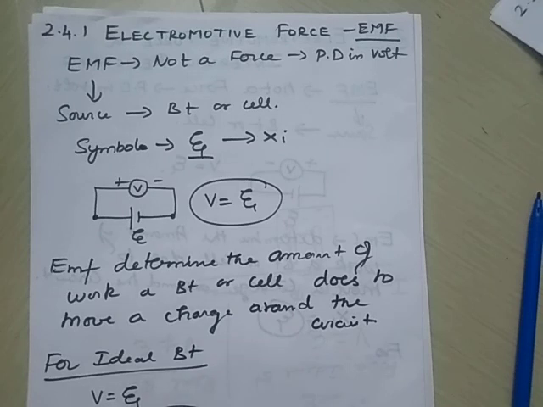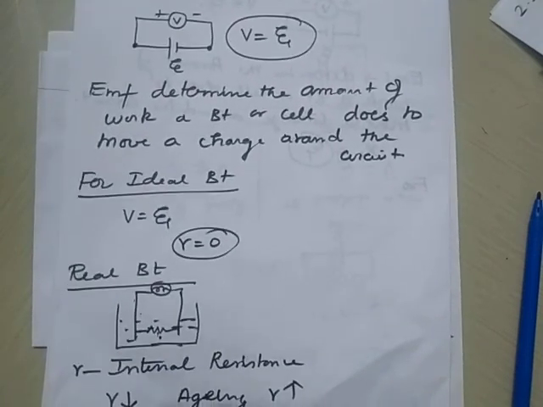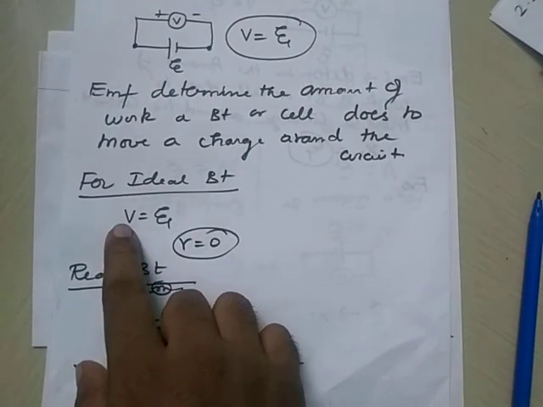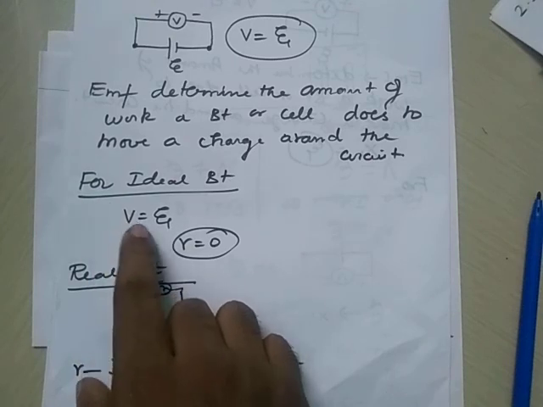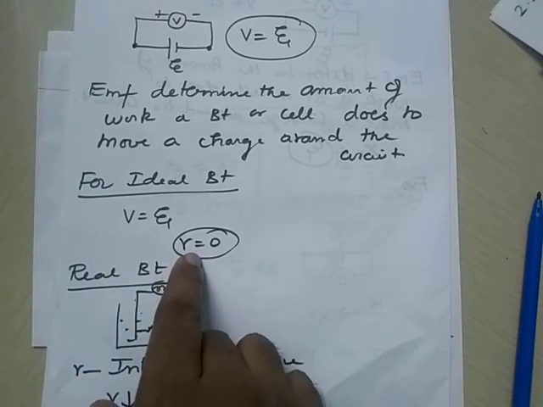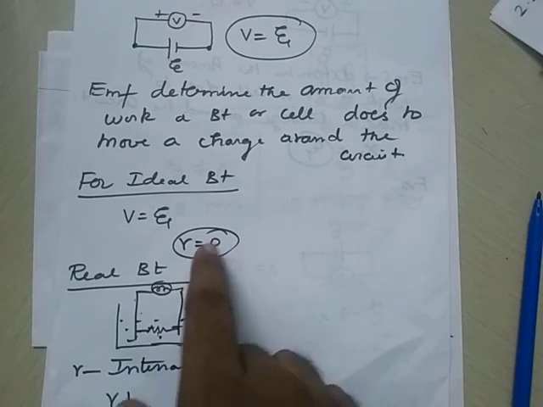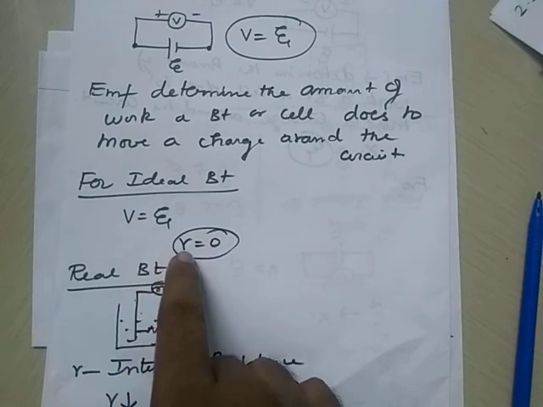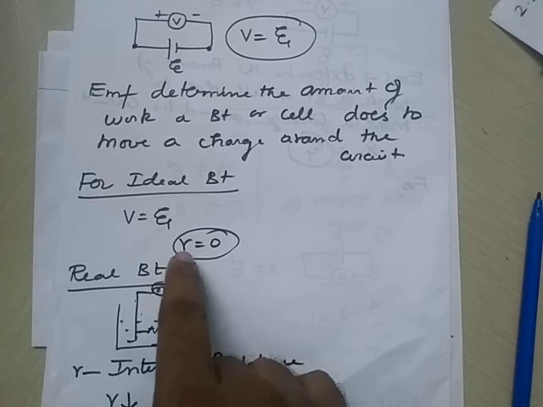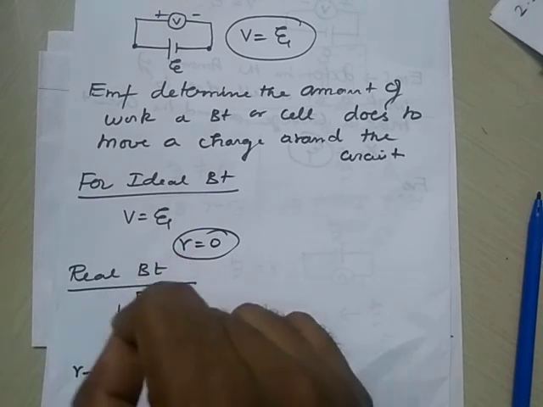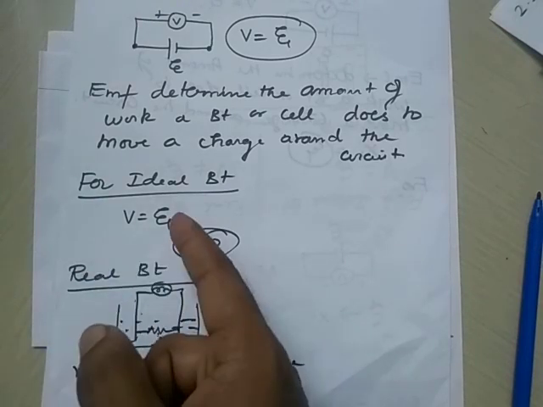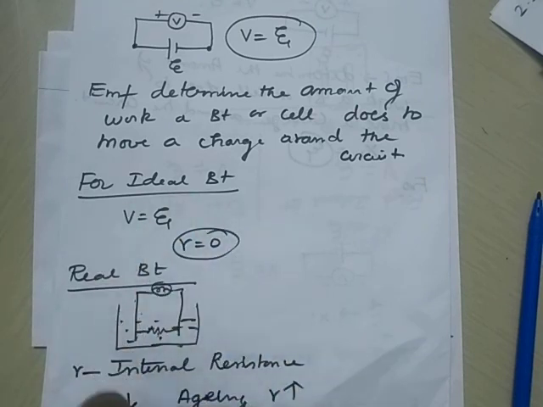For an ideal battery, the potential drop across the cell or battery is equal to the EMF of the cell because there is no internal resistance. So we need knowledge about internal resistance. Internal resistance is the resistance offered by the electrode and electrolyte to the flow of charges inside the cell.